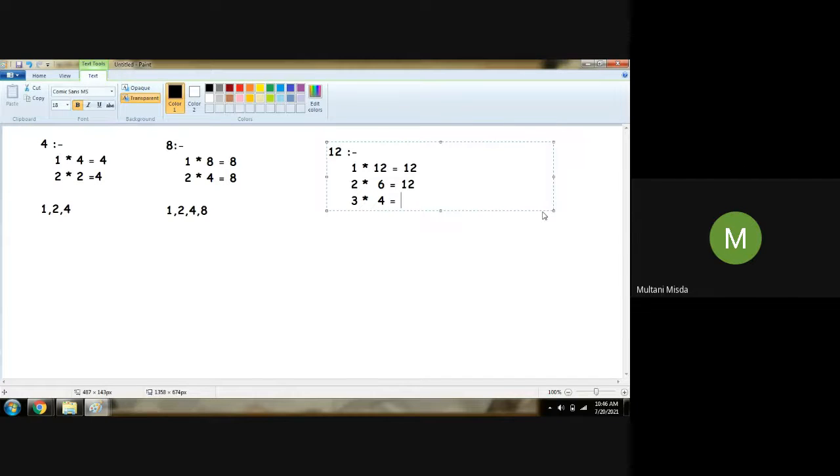That's it. 1, 2, 3, 4, 6, and 12 are the factors of 12.